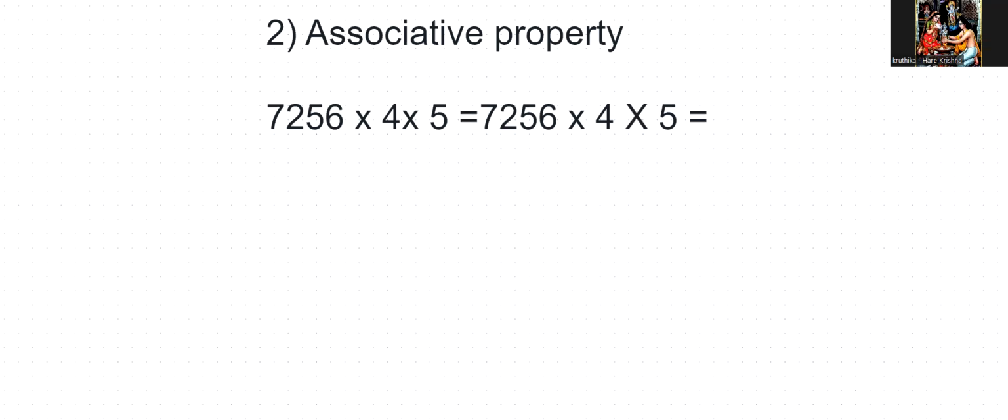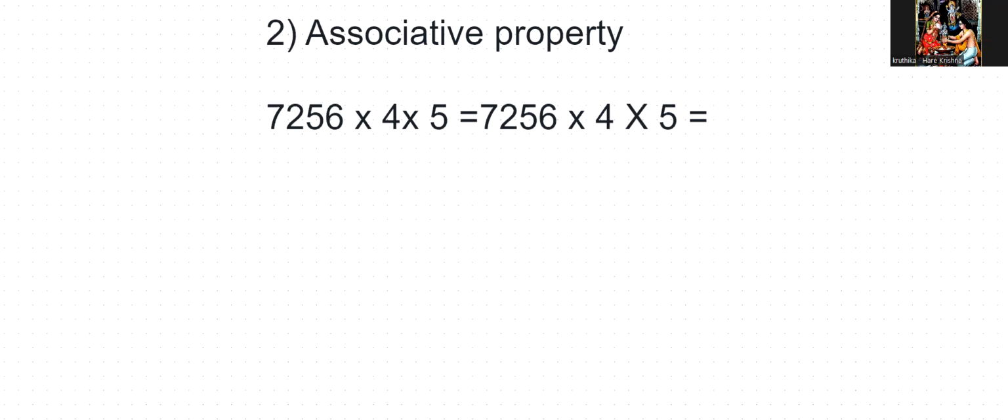The next one is the associative property, wherein we're going to see that when 3 or more than 3 numbers are multiplied, you can group them in any order you want. Okay.